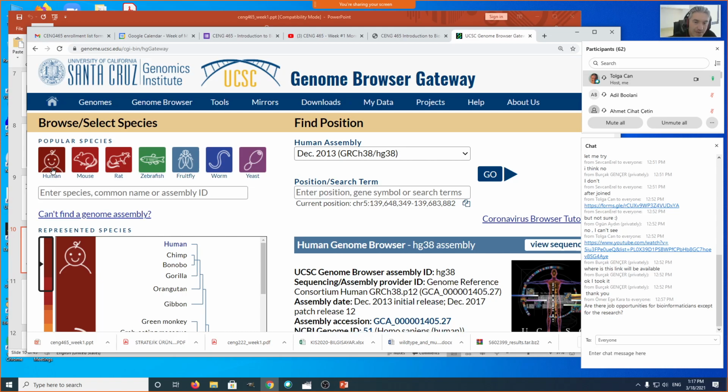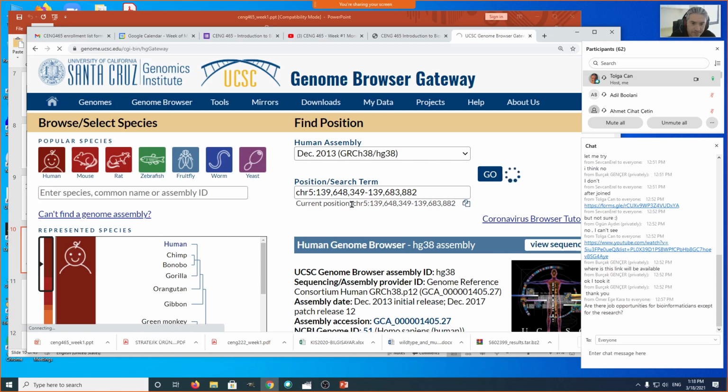But many of those functions are annotated, are known. For example, let's type in this chromosome position, chromosome 5. This is like the latitude, longitude you have in it. Oh, it's already here on a map. So chromosome 5.